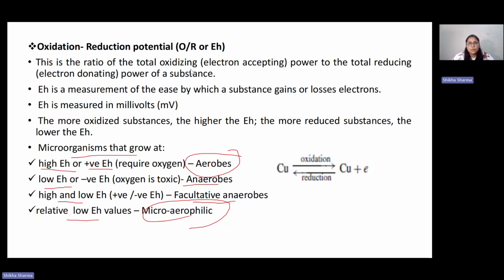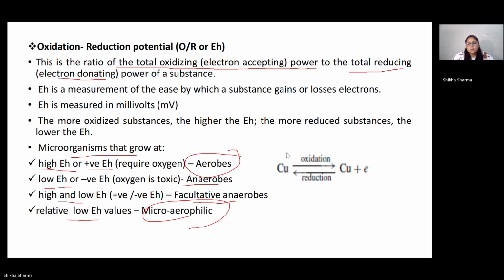So what is this oxidation reduction potential? It is basically the ratio of the total oxidizing power, which is the electron accepting power, to the total reducing power of a substance, which is the electron donating power. So it is basically the ratio of electron accepting power to electron donating power.